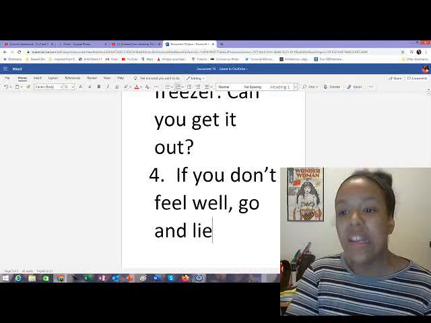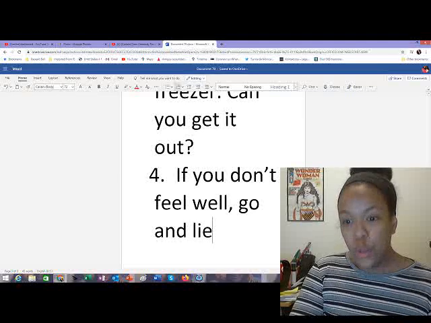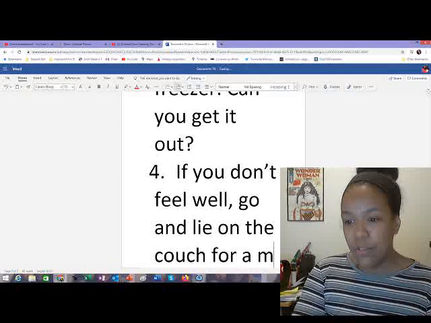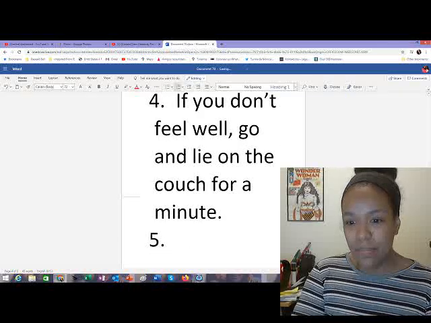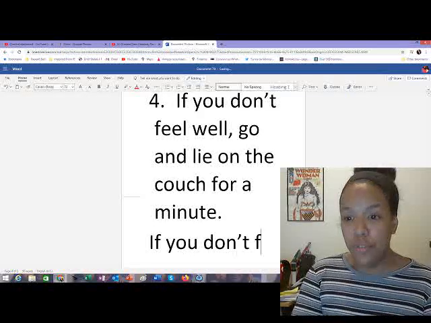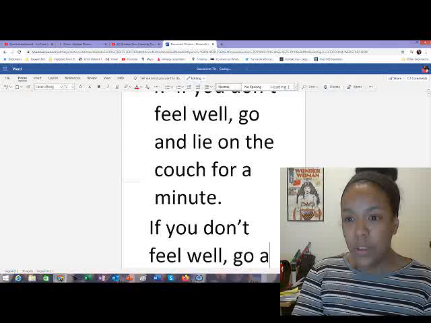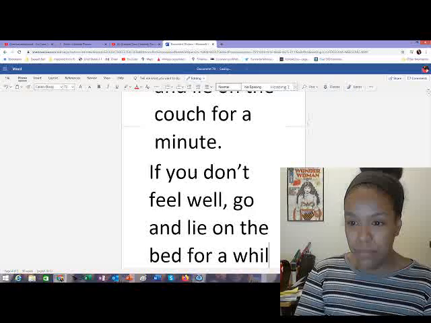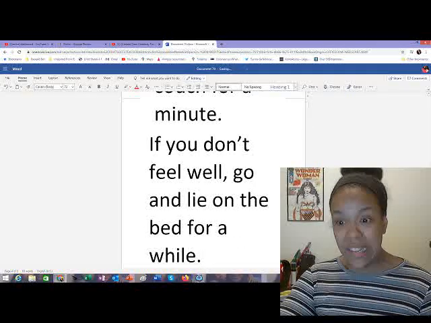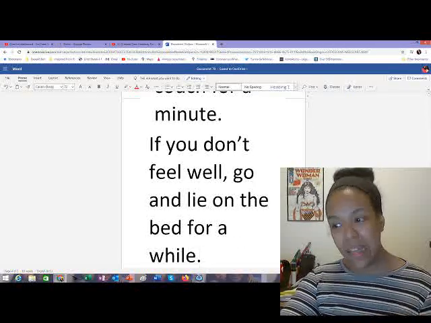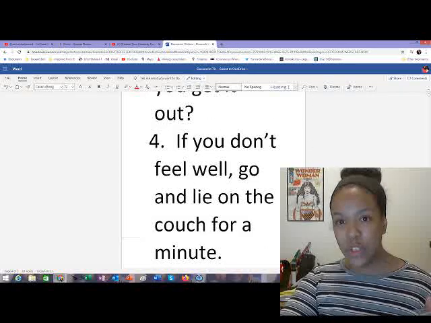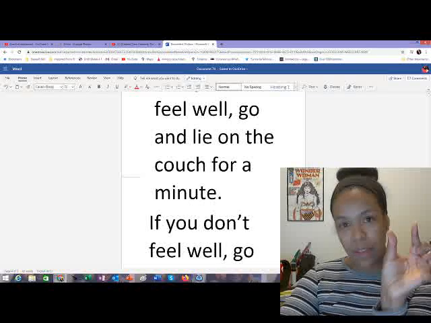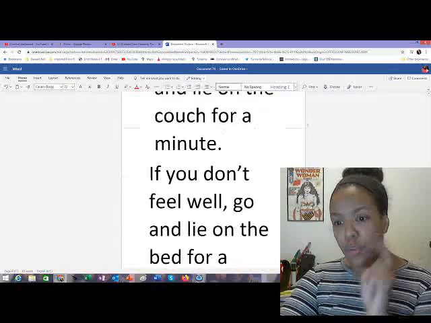For instance, if you don't feel well, go and lie on the couch for a minute. If you don't feel well, go and lie on the bed for a while. Right? You can say lie on. But if you say lie on, you have to complete that sentence with something else. And here you only have one tiny space just for one word.